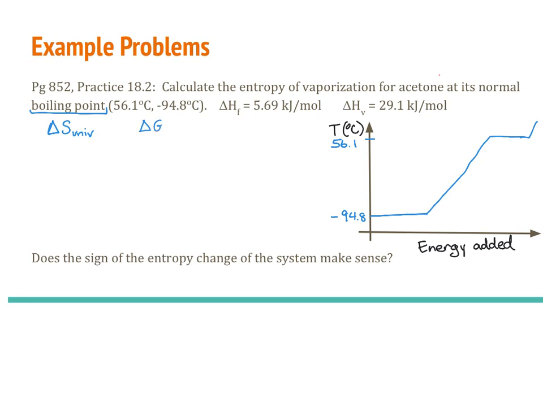Thinking back to our earlier notes when we were looking at the data for water at different temperatures and the change in entropy of the system and the change in entropy of the surroundings. The boiling point of water we know to be 100 degrees, and right around that point, that is the point where the change in entropy of the universe was zero, which also would mean that the Gibbs free energy would be zero. And I did mention also earlier in the notes that zero implies equilibrium.